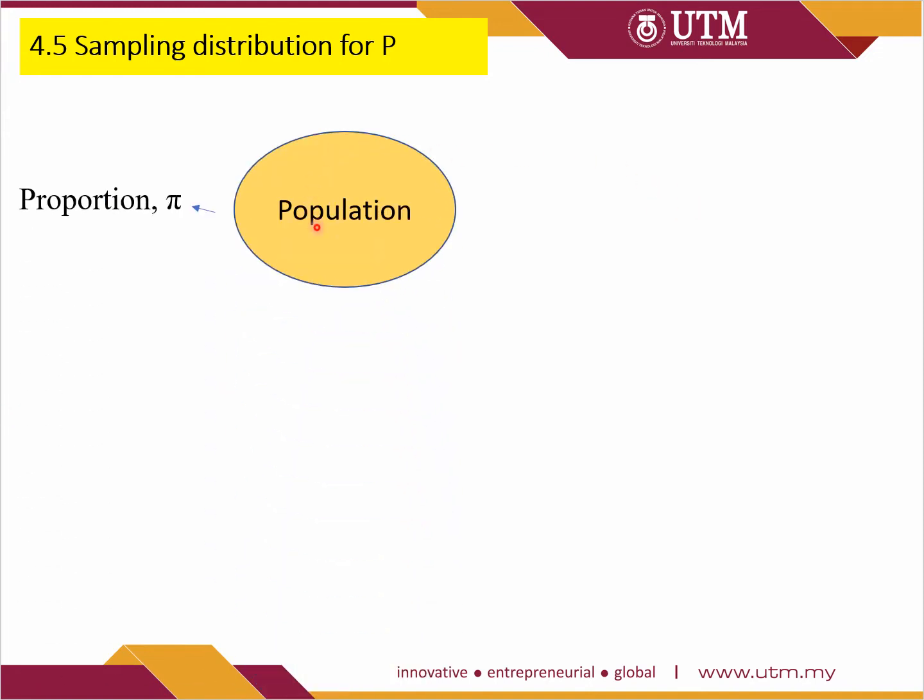Given that we have a population and we want to find the proportion of the population, the proportion for the population is defined as pi.